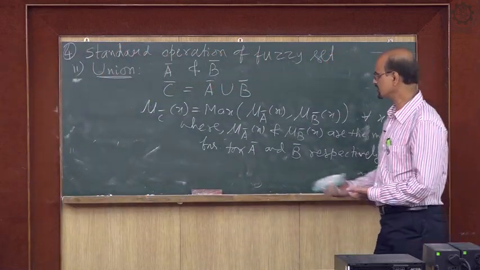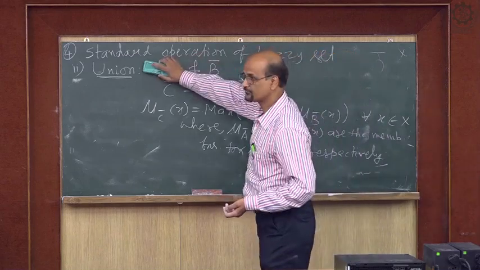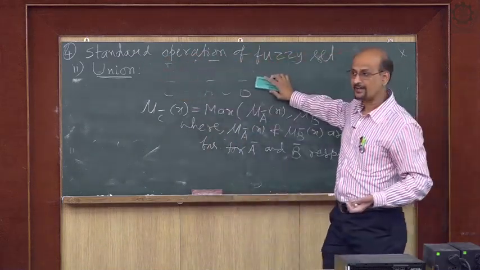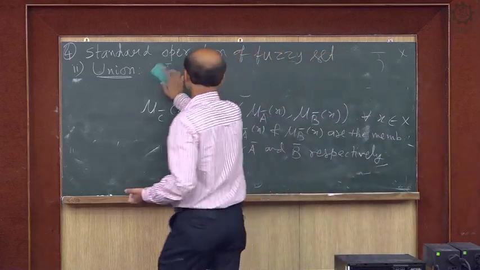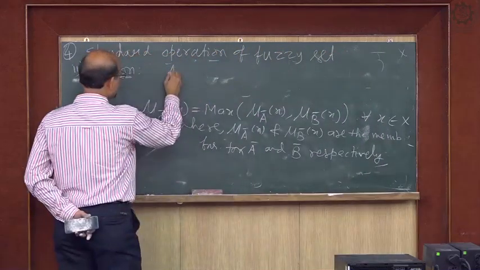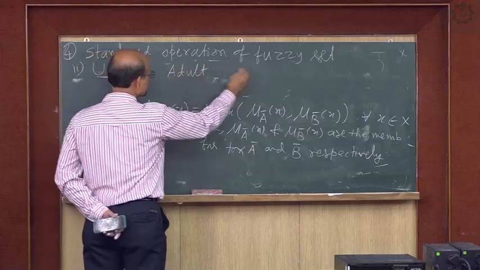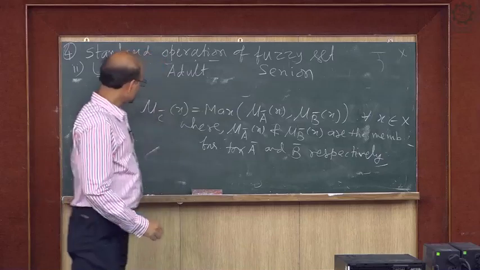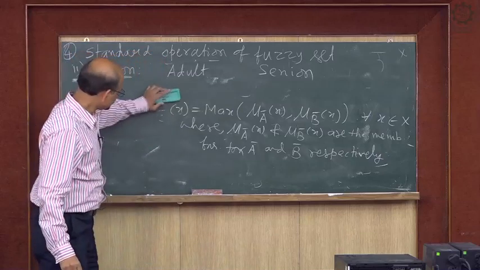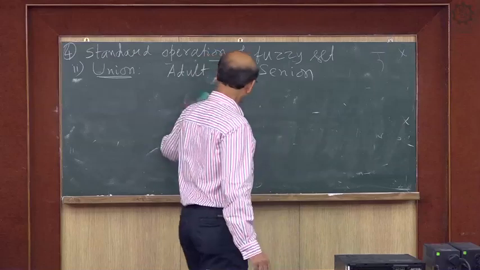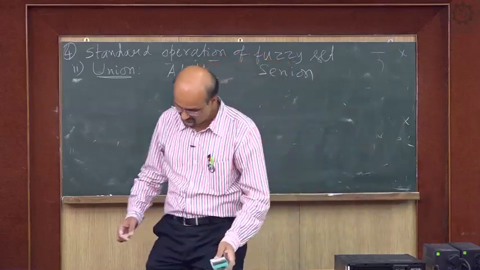Let us take an example from the same example: adult and senior, what is the union? I had adult as one fuzzy set and senior as another fuzzy set. So whatever was there, I do not remember exactly, but I am writing what I have.